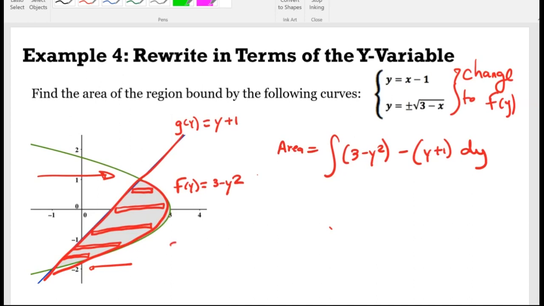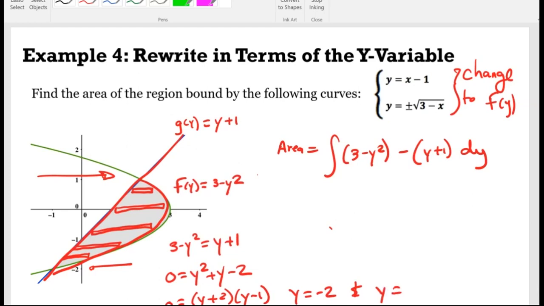And if we set 3 minus y squared equal to y plus 1, we'll get 0 equals y squared plus y minus 2. 0 equals y plus 2 times y minus 1. y is equal to negative 2, and y is equal to positive 1. Those are our bounds of integration.